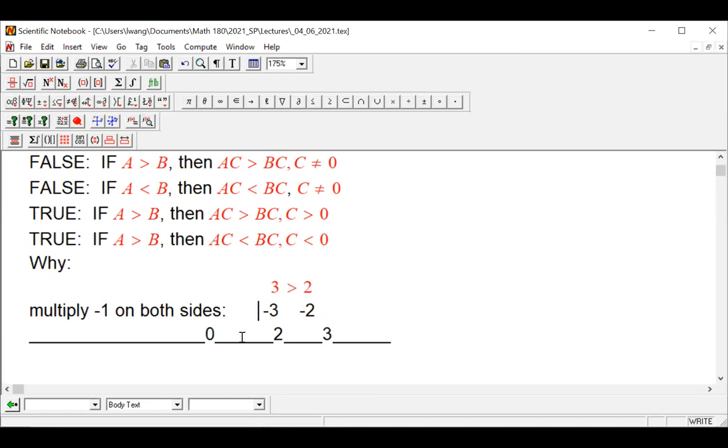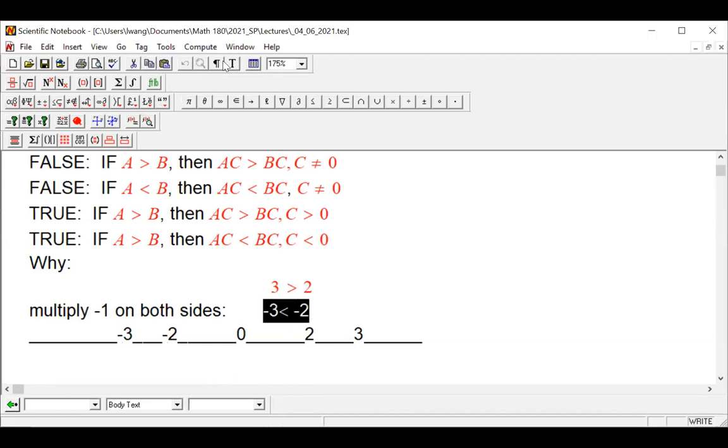Yeah? Is -3 still larger than -2? No. No. Switch. Because -2 will be what? Will be here. -3 is here. You follow me?